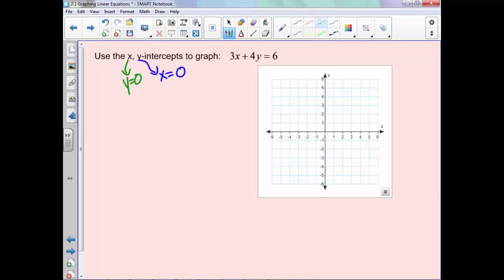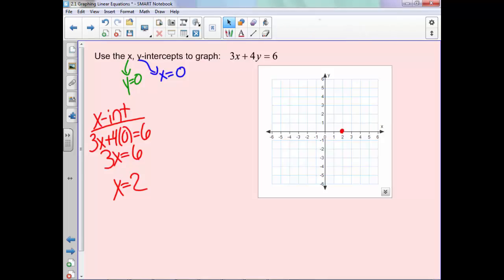So let's start by finding our x-intercept. Our y is 0, so we just substitute in 0 for y and solve. So 3x equals 6, because 4 times 0 is 0. Divide by 3, x equals 2. So this means it crosses the x-axis at positive 2. Now, for our y-intercept, it's when our x value is 0, so we'll just substitute in 0 for x and solve.